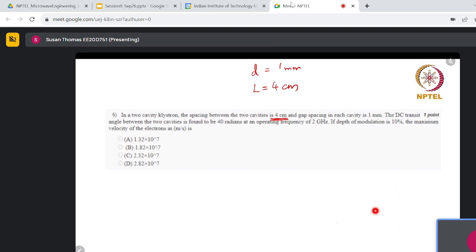So you have two cavities. Say the first cavity is the buncher cavity and the second cavity is the catcher cavity. The transit angle between these two is 40 radian. So the transit angle theta naught is 40 radian, and it's operating at 2 gigahertz.